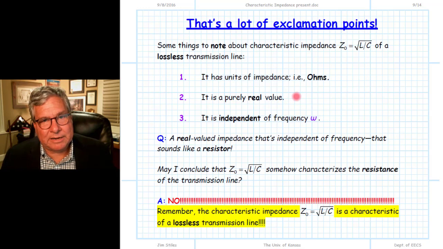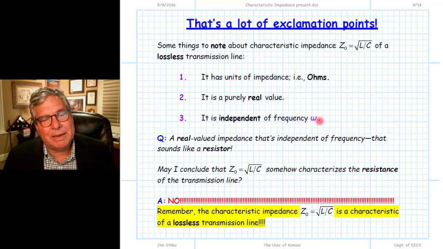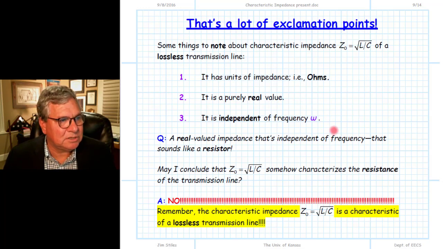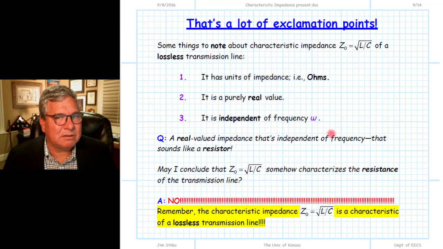Of course, the resistance or impedance of a resistor is purely real. And of course, the impedance of a resistor is independent of omega. So it sounds awfully like our transmission line in some way is a resistor. And oftentimes students will try to conclude this and model this or mathematically analyze it as if it were a resistor. But is it a resistor? Well, clearly, no, it is not.